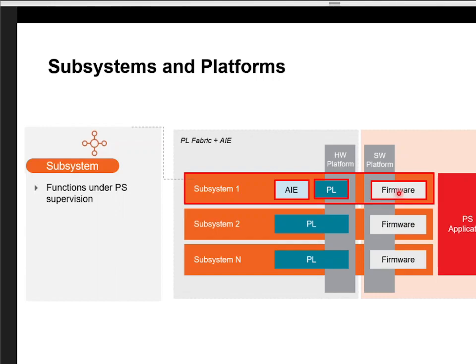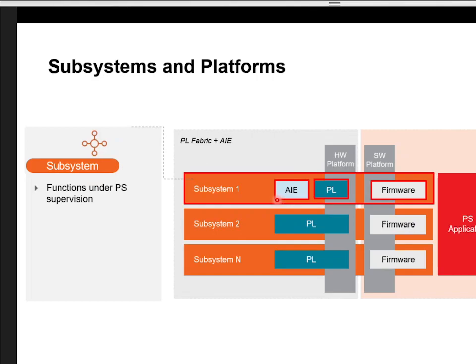So to continue, a subsystem, as we can see here in this red box, is a combination of the processing firmware together with some kernels and optionally with some AI kernels, programmable logic kernels. And everything will be seen as what we call a graph. So this is how it will be called.